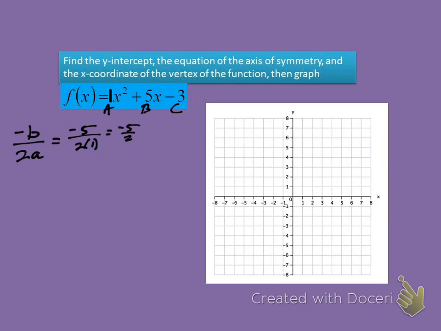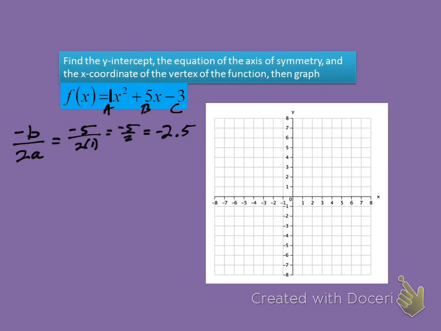Now, here's something odd. Make that a decimal. So -5 divided by 2 is negative 2.5.